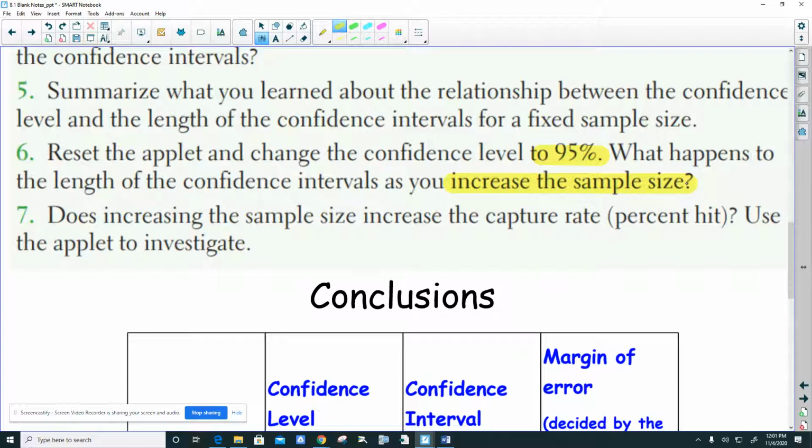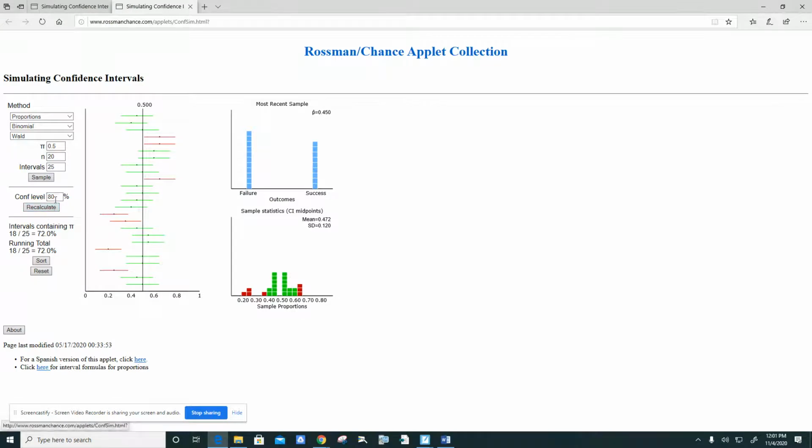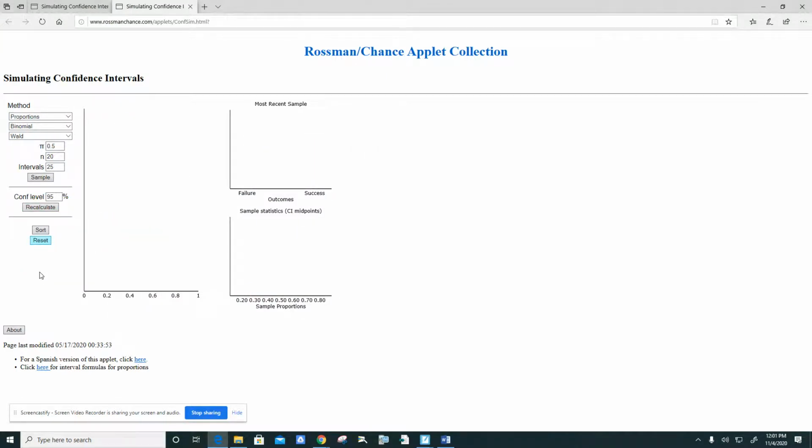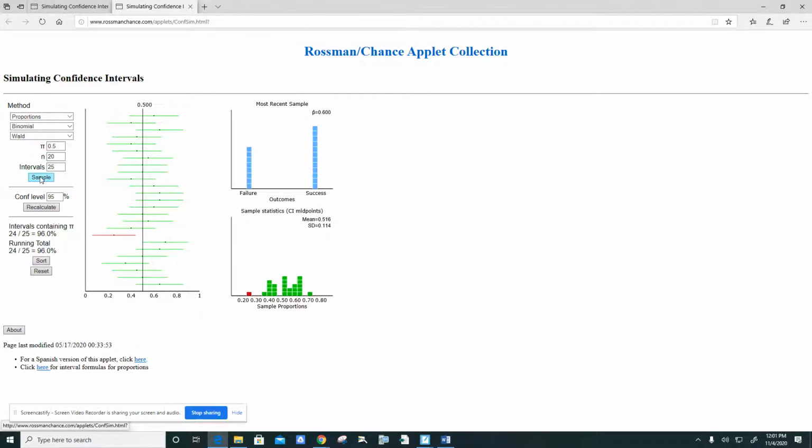Okay, again, we're looking at what's happening to the length of the confidence interval. So I'm going to reset this. We'll go back to 95%. I'm going to start with a sample size of just 20. Okay, so there was sample size 20.